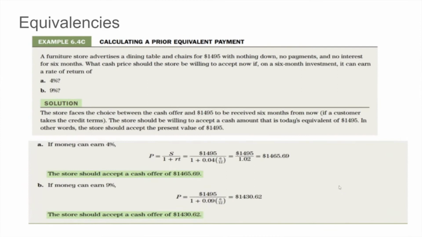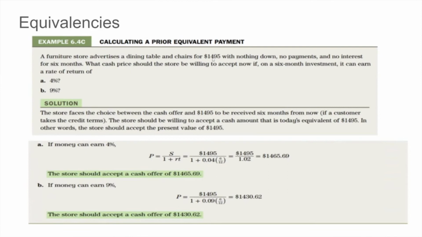Another example, calculating a prior equivalent payment. A furniture store advertises a dining table and chairs for $1,495 with nothing down, no payments, no interest for 6 months. So what cash price should the store be willing to accept if on a 6 month investment, it could earn a rate of return of first 4%? So let's just deal with one at a time.